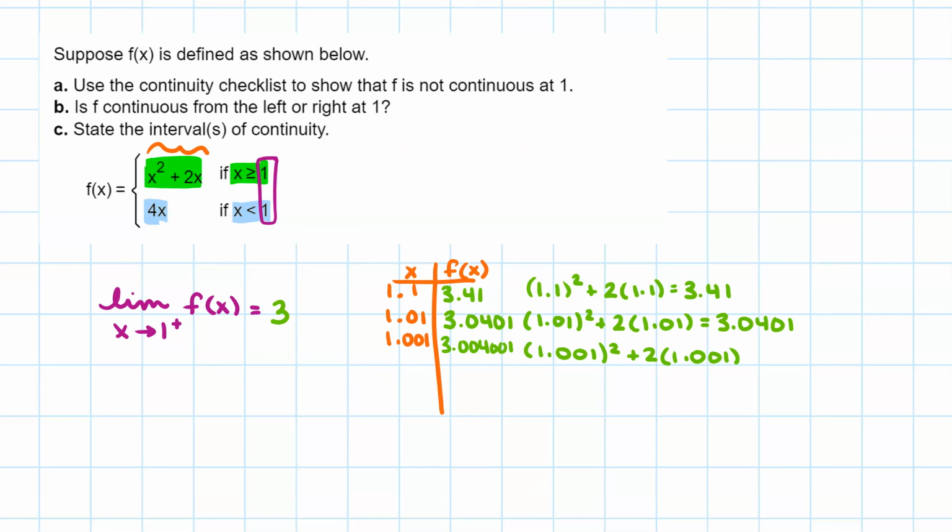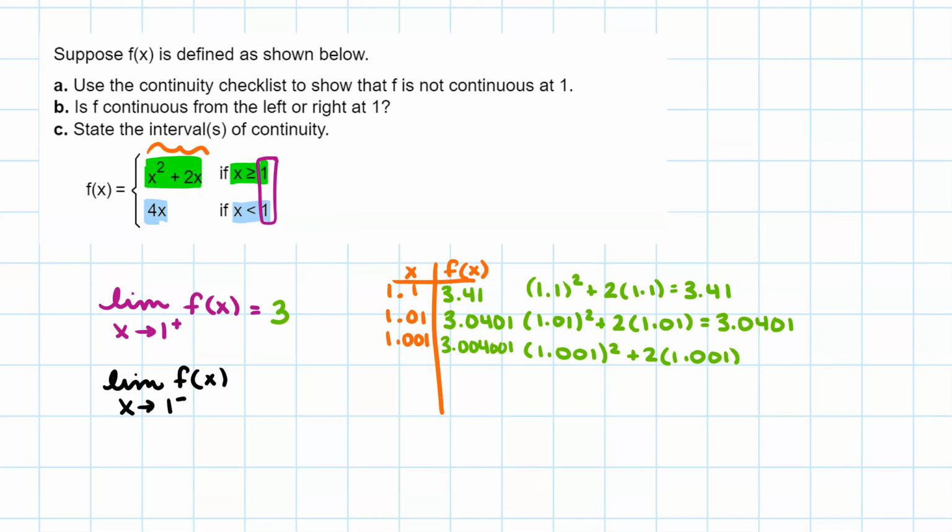Let's try this same limit, but now let's go from the left. So let's take the limit of the function as x goes to 1 from the left side. That's using the blue rules.